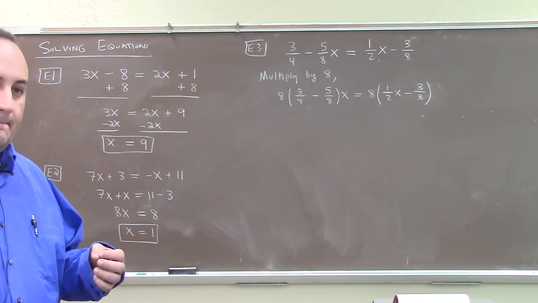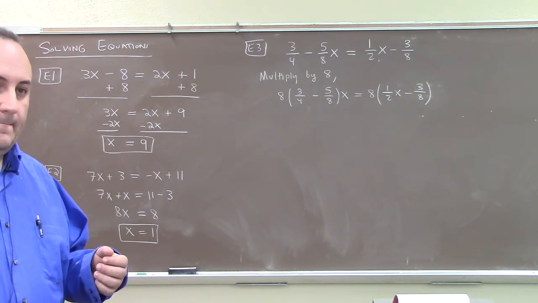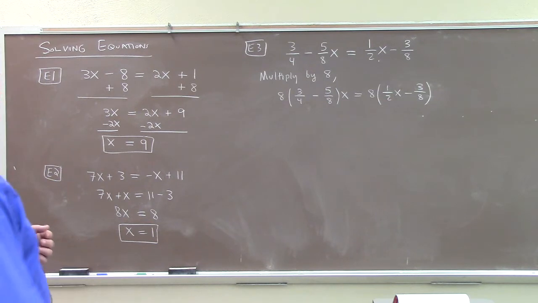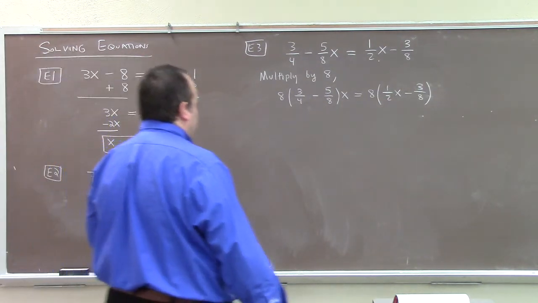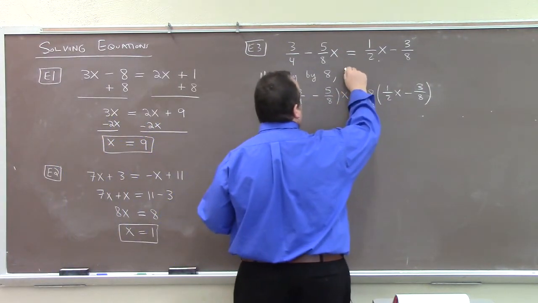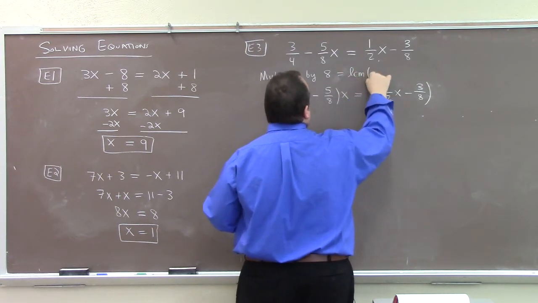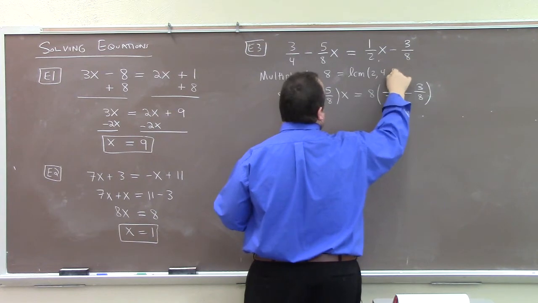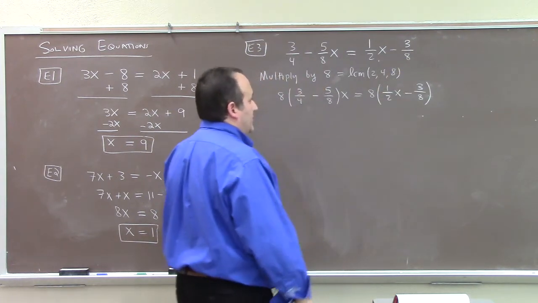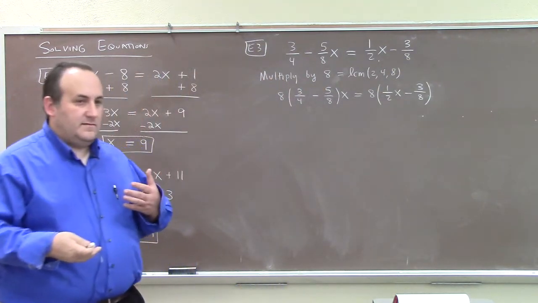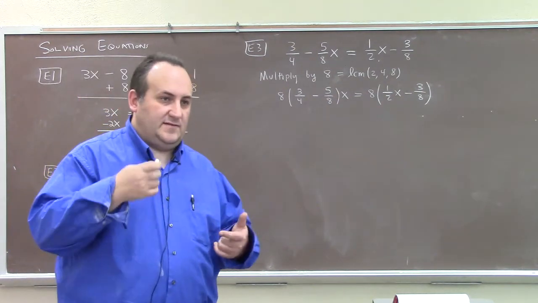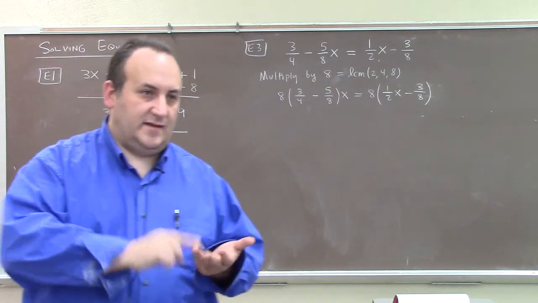So you're plugging in 8, but why did we choose 8? The reason I chose 8 is because it's the least common multiple of 2, 4, and 8. It's the number that if I multiply, it's going to cancel out halves, fourths, and eighths.